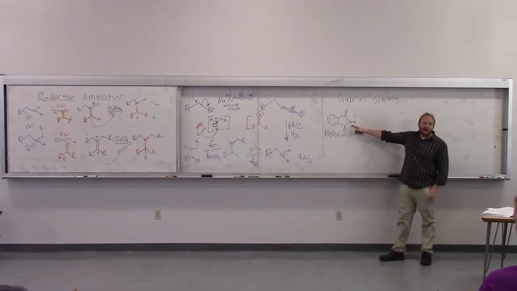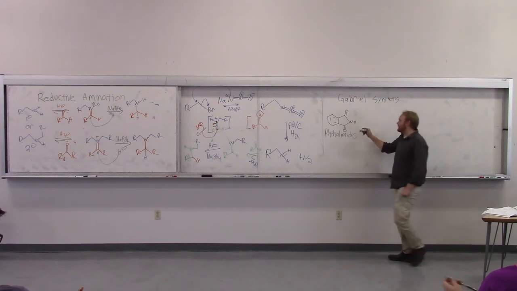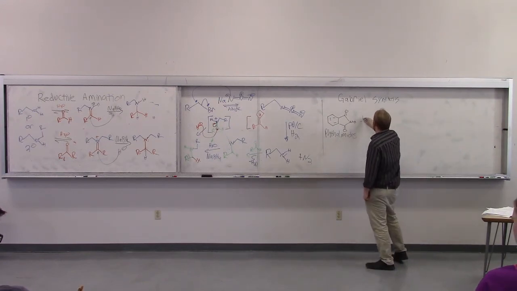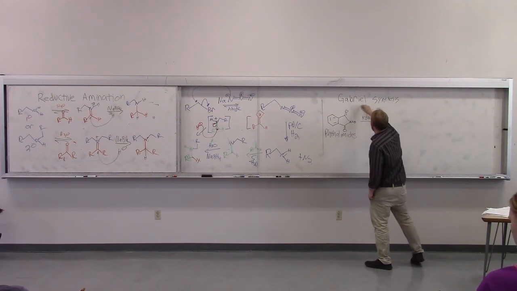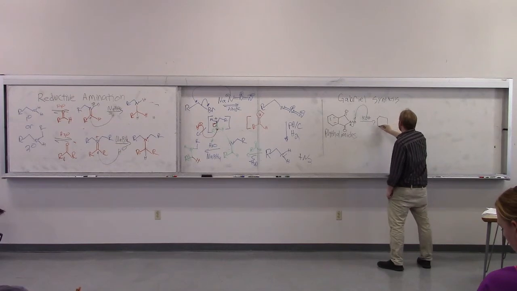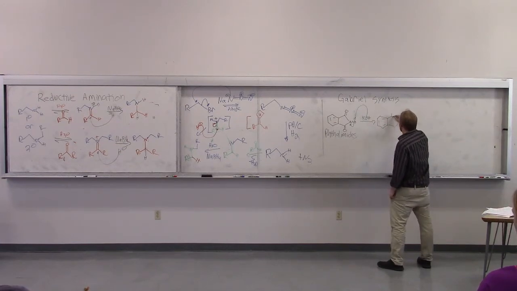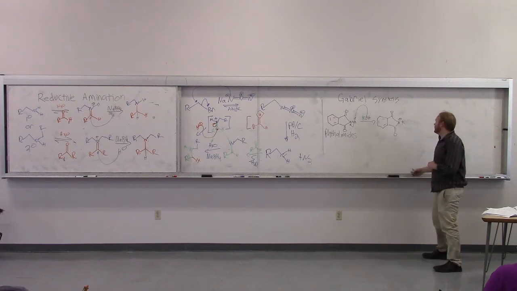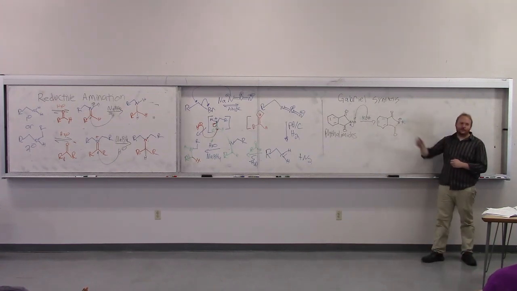So phthalimides are quite acidic, so that you can use something like sodium hydroxide to deprotonate the hydrogen on the nitrogen, to give us this nucleophilic nitrogen.